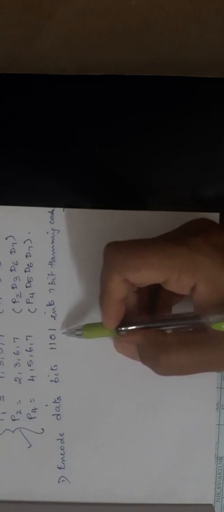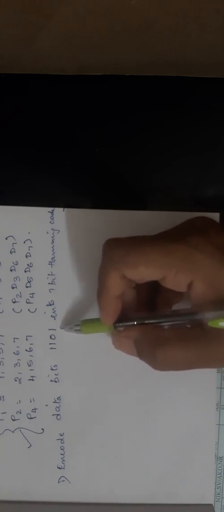So 1101 is the data bits. This means D3, D5, D6, D7. So when you write it, it is P1, P2, D3, P4, D5, D6, D7, and D3 is 1, D5 is 1, D6 is 0, D7 is 1. This is what is given.